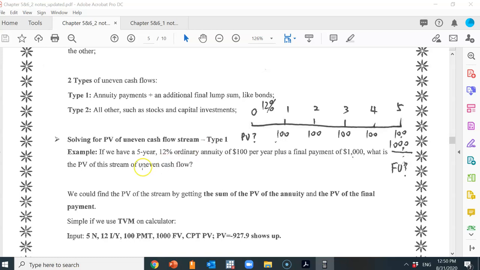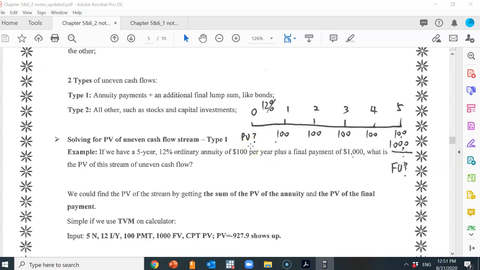For example, if we have a 5-year 12% ordinary annuity at 100 per year plus a final payment of 1,000, what is the present value of this uneven cash flow? We have an ordinary annuity here, 100s at the end of each of 5 years. We also have a final lump sum. We're looking for present value. So we can just calculate the present value of the annuity and the present value of this lump sum and add them up.